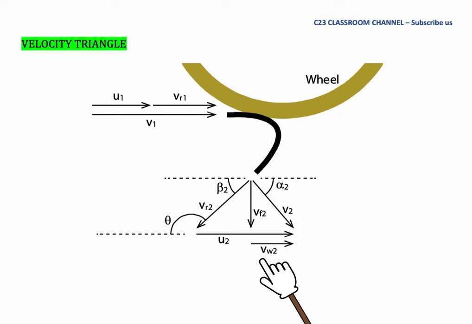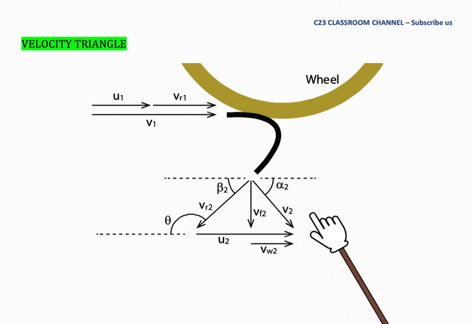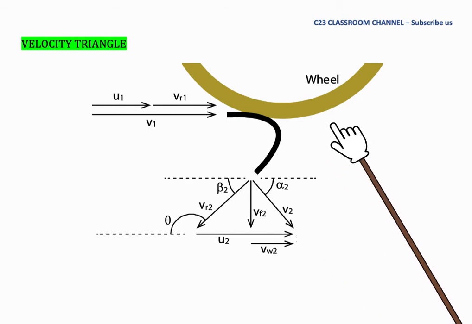So we draw VW2 here in this direction. The idea of drawing the velocity triangle at inlet and outlet is you must make sure that all the component velocities close the loop with the absolute velocity here, because we assume that V2 is the original, real velocity of this Pelton wheel.